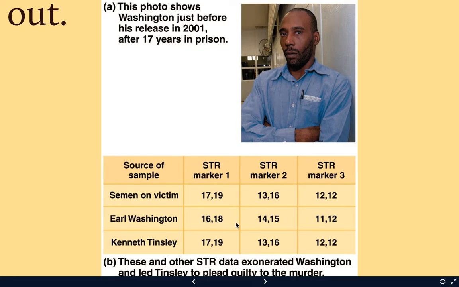If you look across at Earl Washington, you may have one STR that shows up, but not all, right? So we can actually see who the actual rapist and murderer was in this instance. Kenneth Tinsley was the one who murdered the victim.